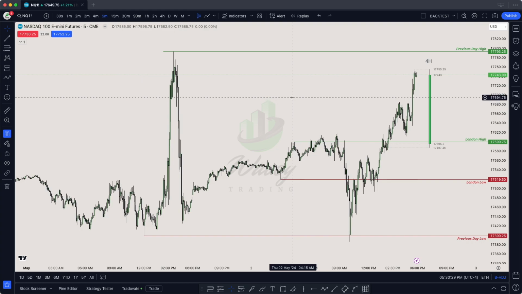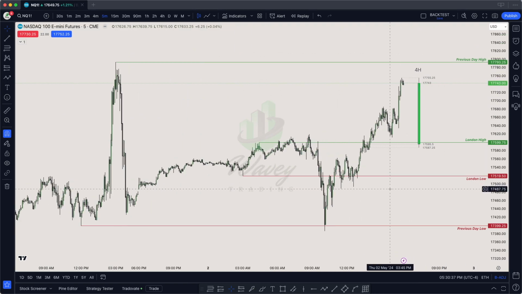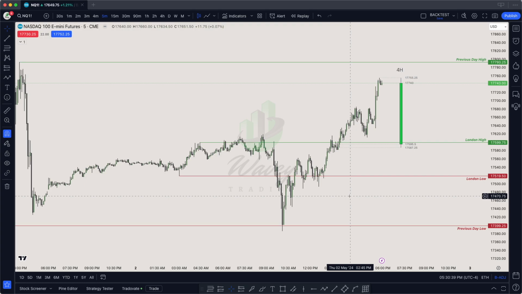So in summary, liquidity is pretty much the areas where stops are sitting or resting, and areas where the market maker will take out those stops so that they can fill their position and move the market to where their objective is, right?